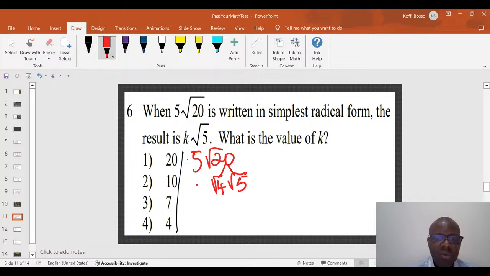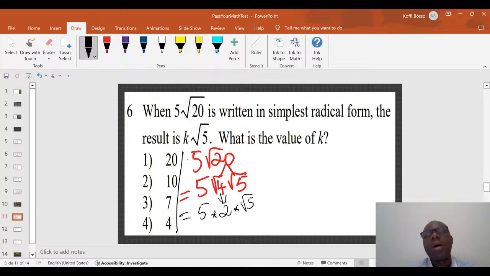So we have this 5 outside. I break down the square root of 20, but I keep the 5 outside. Now the square root of 4 is a regular number; understand that this is a multiplication between them, and we multiply this by square root of 5.